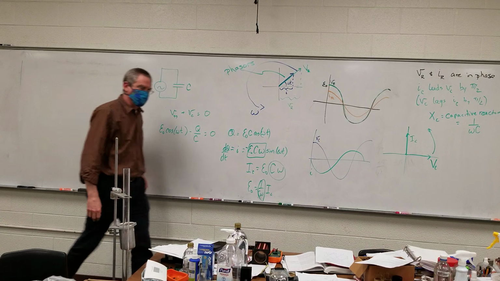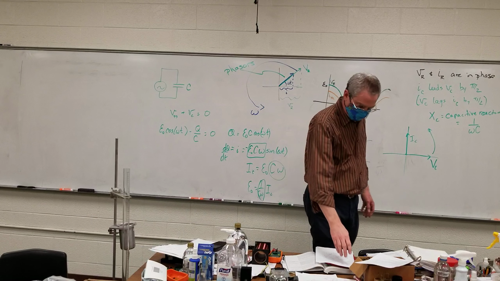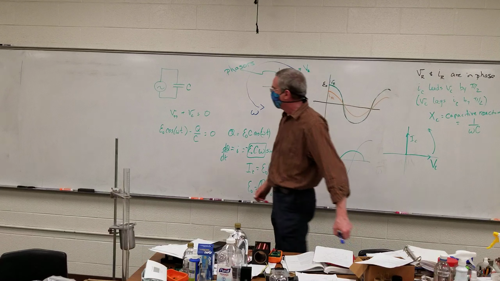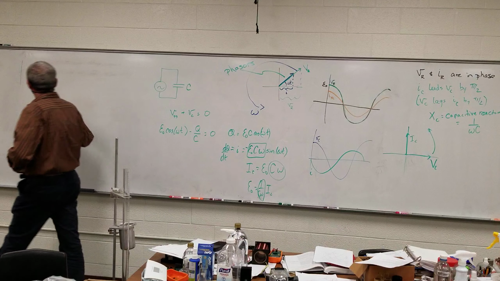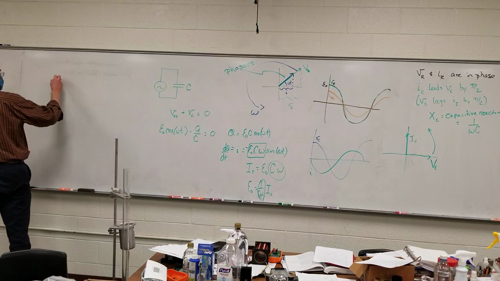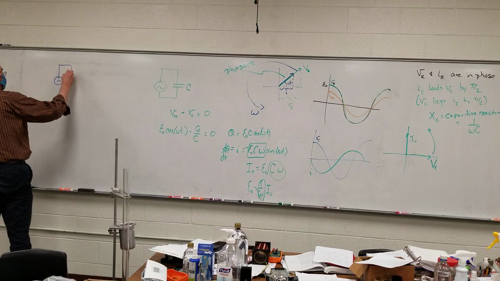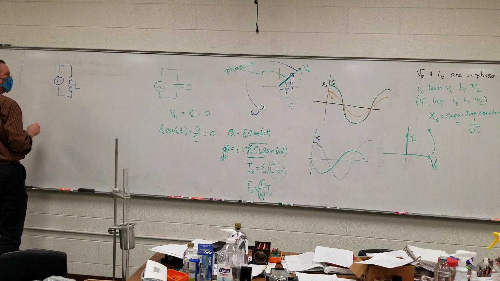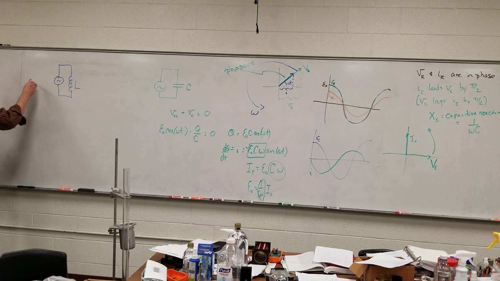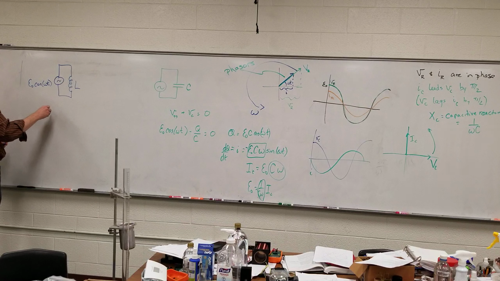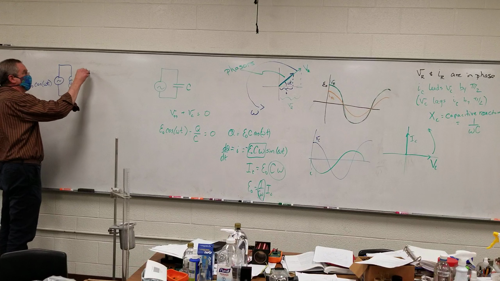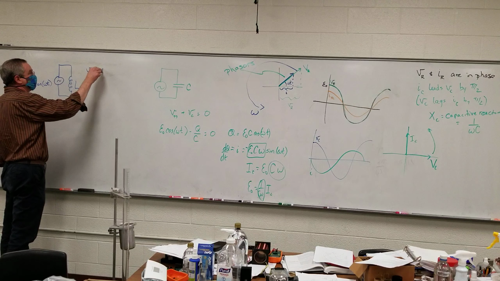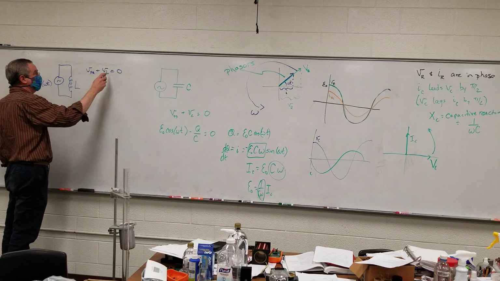And now we have the third major component, the inductor. Again, this is epsilon sub naught cosine omega t, and we'll set up the equation as we did before. I know that the voltage from the power supply plus the voltage from the inductor is equal to 0.